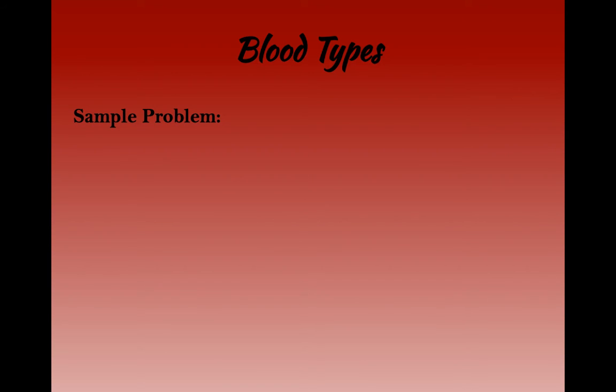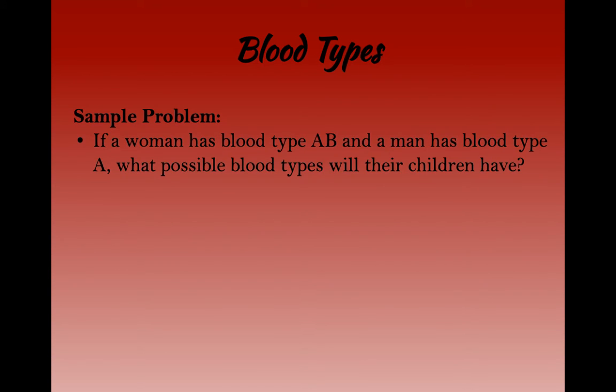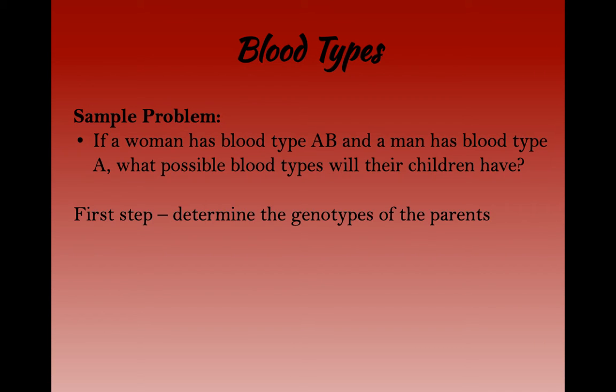So let's look at an example. If a woman has blood type AB and a man has blood type A, what possible blood types will their children have? The first step, we need to figure out what the genotypes of the parents are. The mother has blood type AB, so there's only one possible genotype, and that's IAIB.